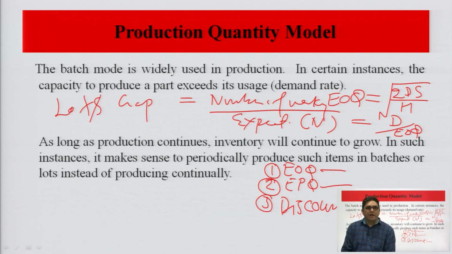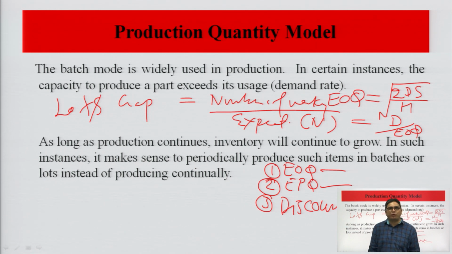For example, FMCG items are used throughout the year and their demand is high, so the company can afford to produce them continuously. But any equipment or product which is rarely used, or used by few, cannot be produced continuously. Or premium items, Maruti Suzuki, BMW, Rolls Royce, or other premium category products, cannot afford to keep on producing for a longer span of time.